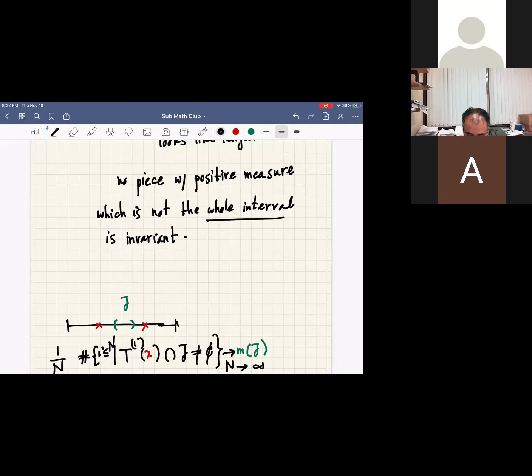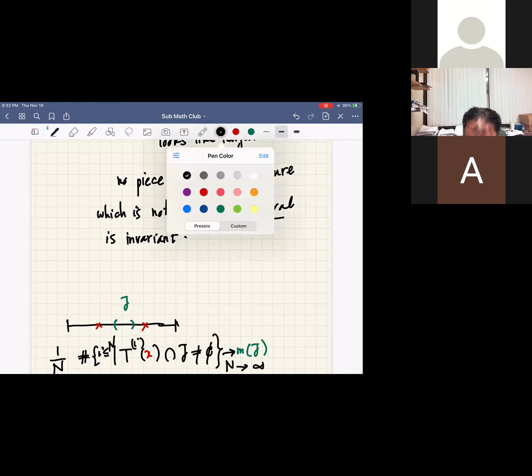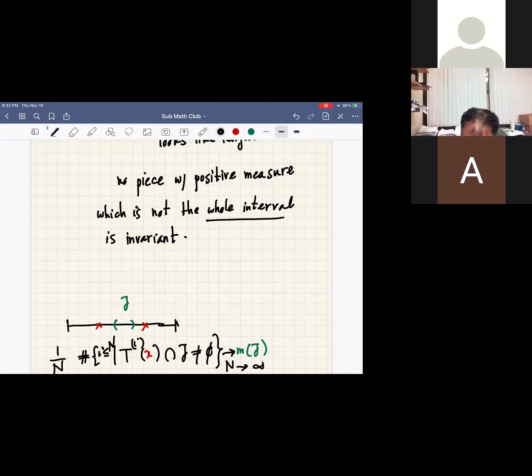As I said, this is a non-trivial fact, but it is correct, and is a way of characterizing ergodic measures for certain dynamical systems, in this case for this interval exchange map.